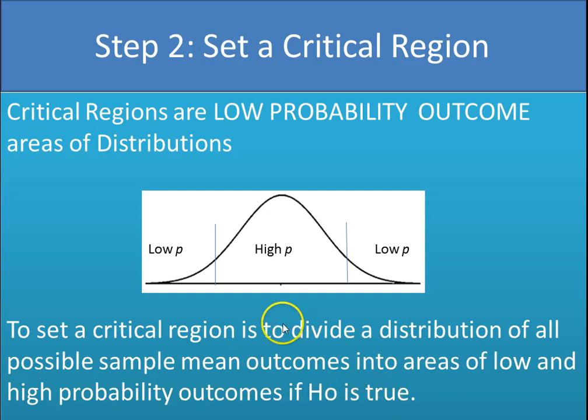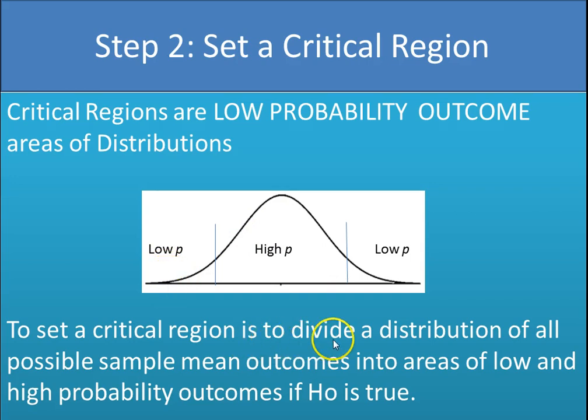This statement is very difficult, in my opinion, to conceptualize. So let us take it a piece at a time. First, again, critical regions are low probability areas. And when we want to set a critical region, what we want to do is divide the distribution into areas of high probability and low probability.